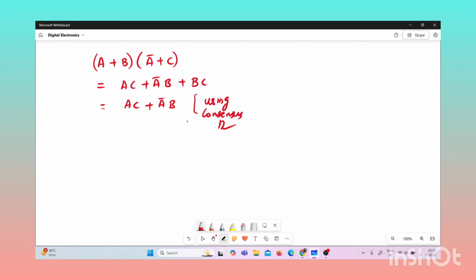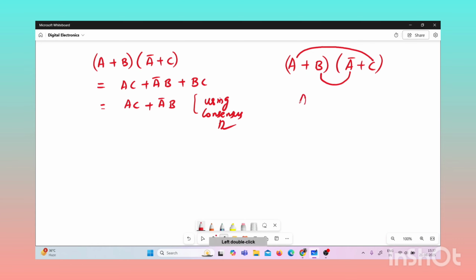Okay. So whenever you get a term like this, the shortcut is: a plus b into a bar plus c. If you carefully observe these two sum terms, the first variable is a, and in the other the first variable is a bar. Whenever the first variables are like this, one in uncomplemented form and the other in complemented form, just multiply this a with the other term c and multiply this a bar with b.